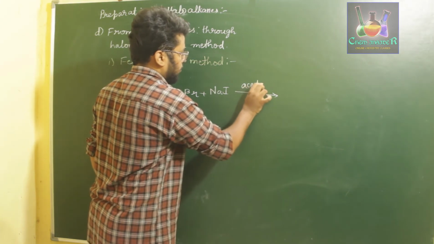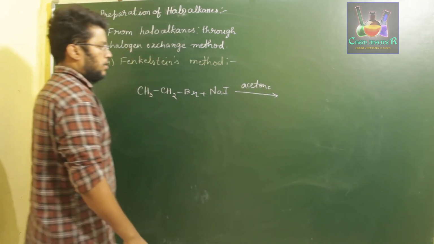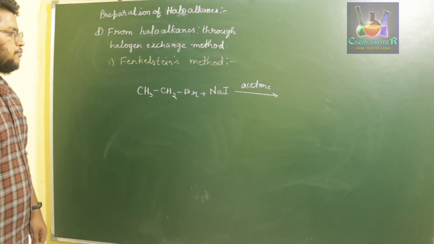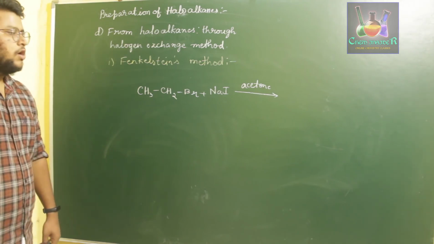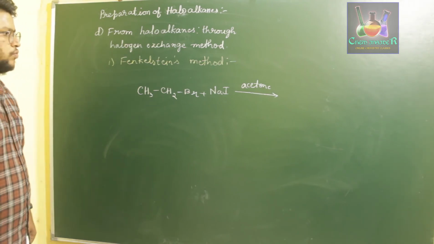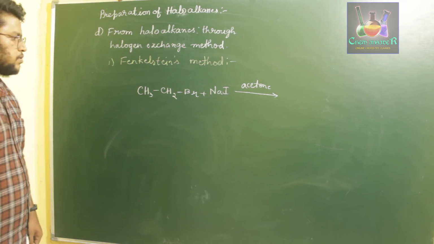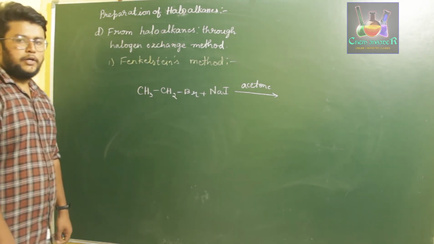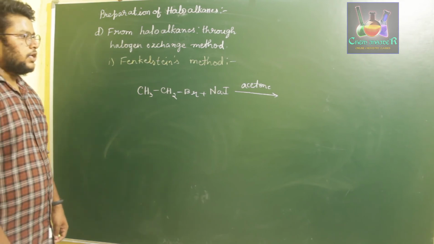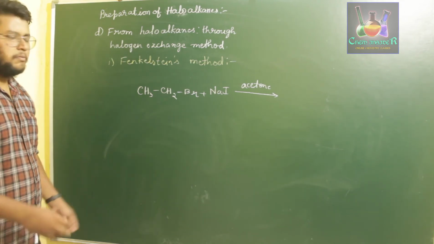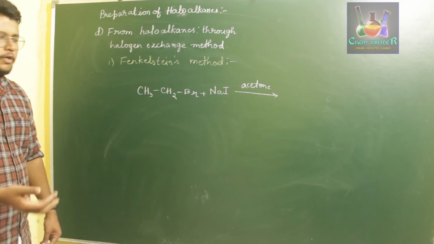The use of acetone is because sodium iodide is soluble in acetone. Sodium chloride or sodium bromide will not be soluble in acetone. So we take sodium iodide in acetone, and further acetone liberates easily, so it will be easier for us to remove the product.